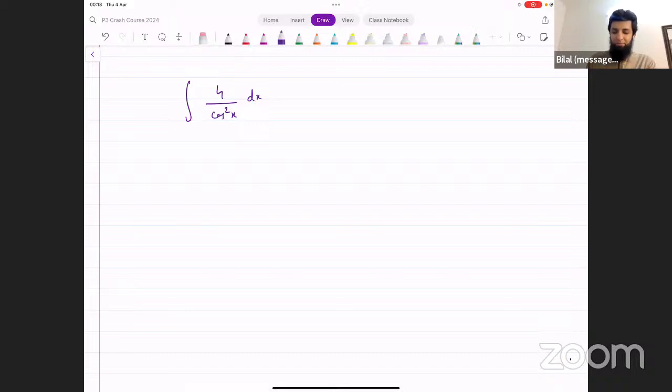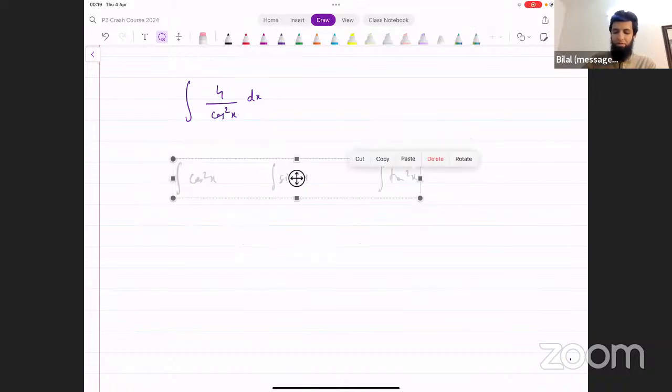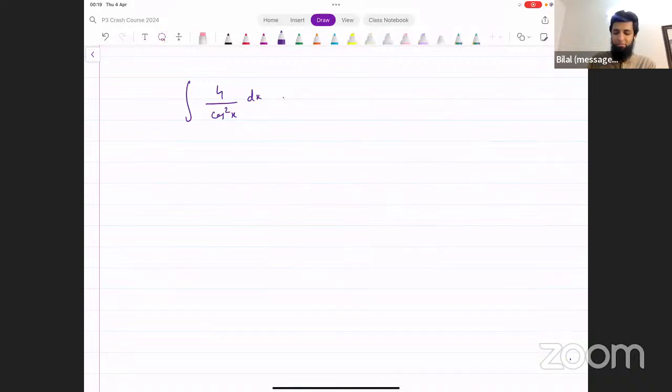If you had that, trigonometric identities are when you have cos square x, sine square x, tan square x in the numerator. So that double angle identity to reduce square to a single power is when you have these powers in the numerator. This is in the denominator.